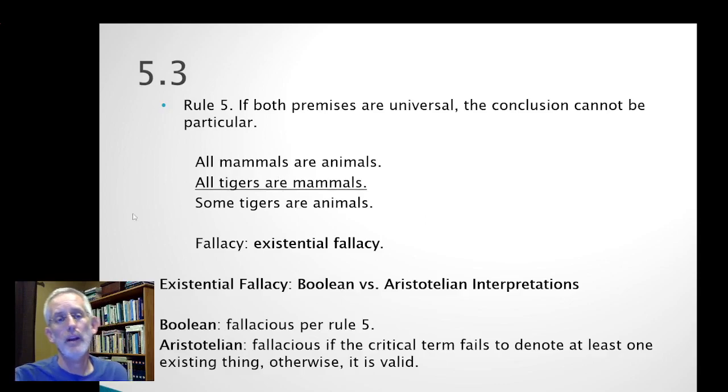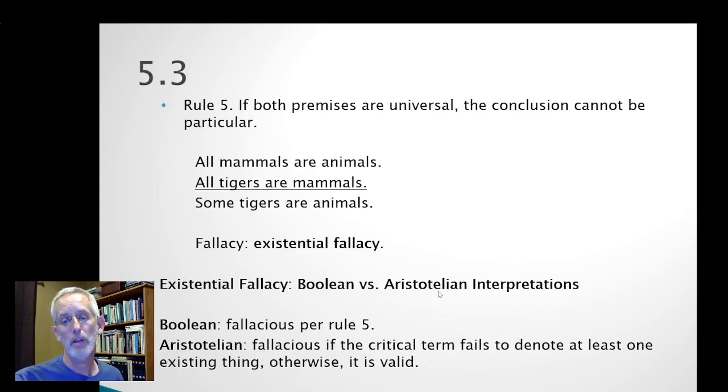If I ask you to evaluate a categorical syllogism based on Rule 5, the first thing you would do is check, okay, do I have two universal premises and a particular conclusion? If you do, it commits the existential fallacy according to the Boolean interpretation.